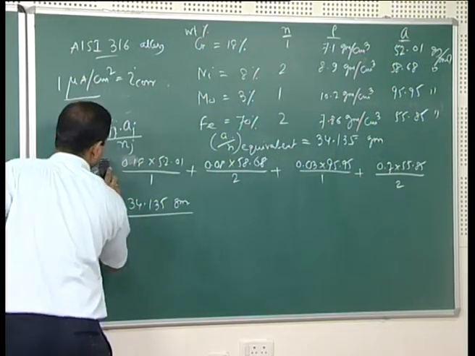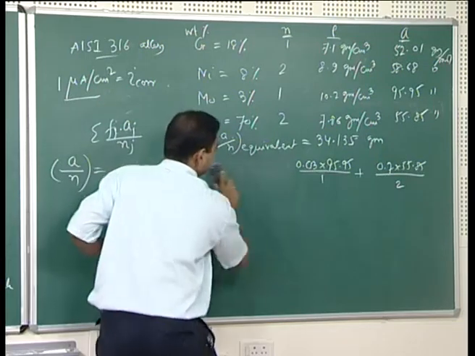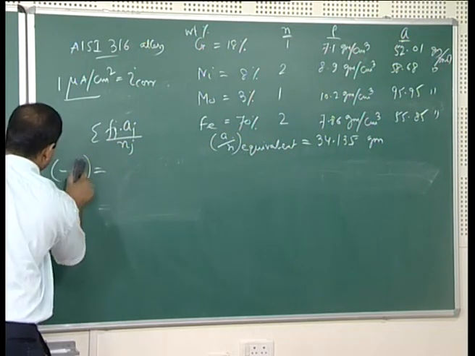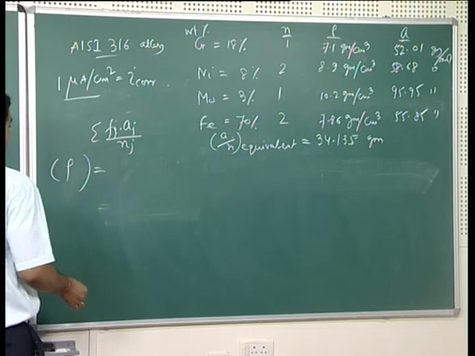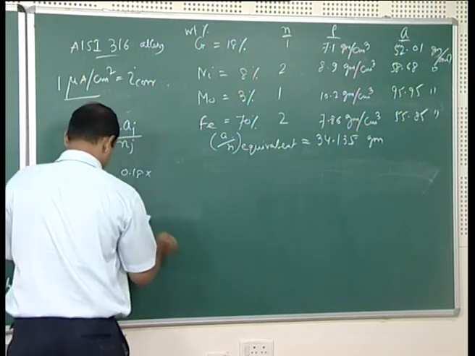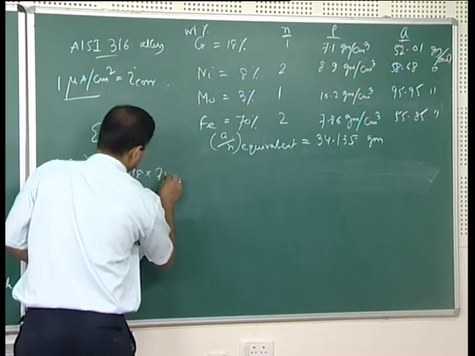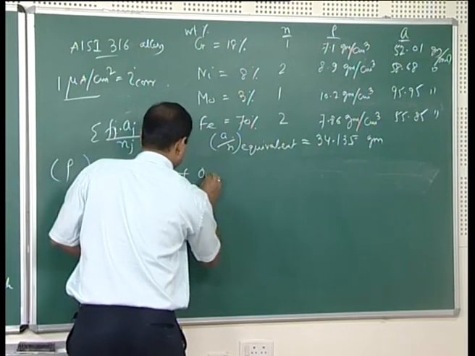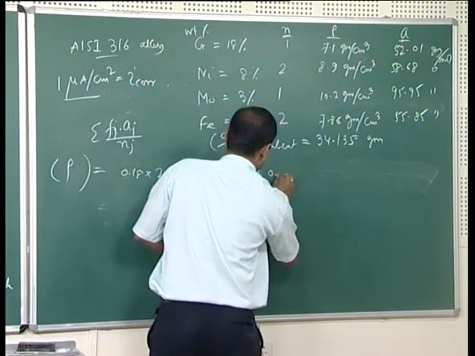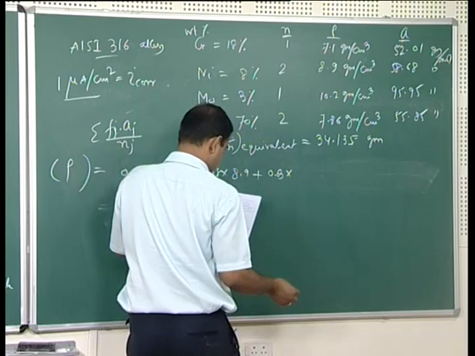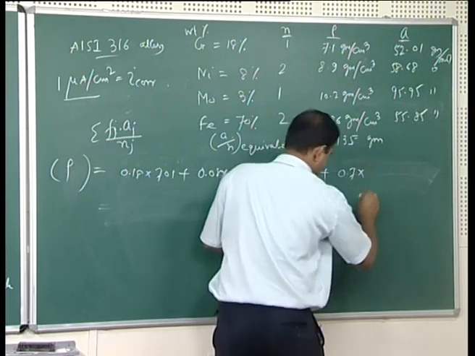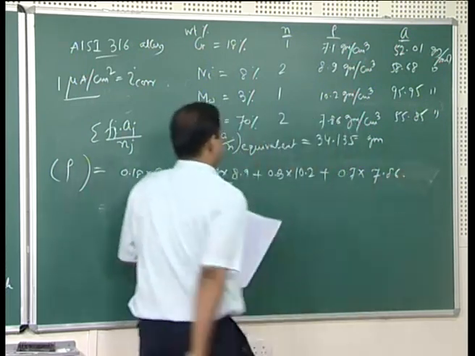Now, in a similar way I can find out what is my rho of the alloy. So, this is 0.18 into the rho of chromium 7.01, like that, 0.08 into 8.9 plus 0.03 into 10.2 plus 0.7 into 7.86.